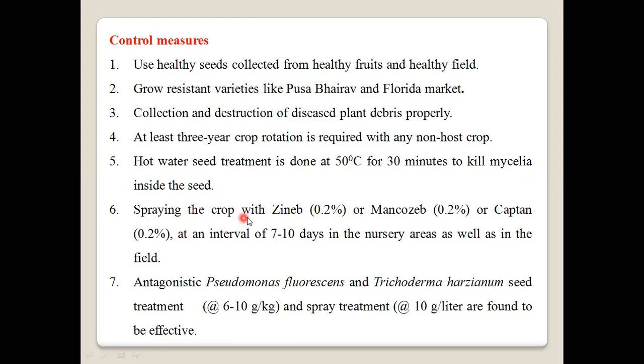Then spray the crop with Zineb 0.2% or mancozeb 0.2% or captan 0.2%. These fungicides are generally applied at an interval of 7 to 10 days in the nursery areas as well as in the fields. You can also use biological agents, that is, Pseudomonas fluorescens and Trichoderma harzianum.